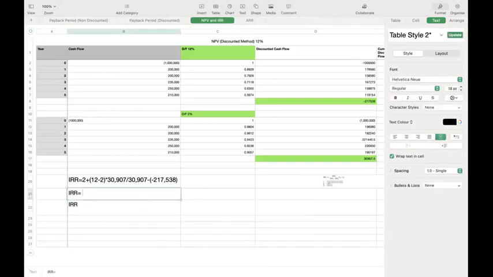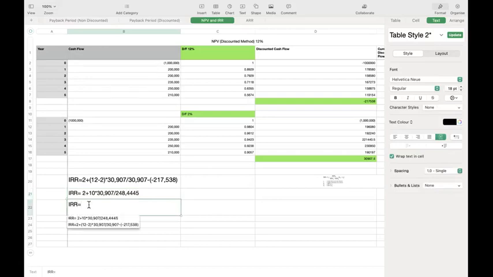First, let me calculate what is in the brackets. 2 plus, within brackets 12 minus 2, I get the answer 10, into 30,907 divided by 30,907 plus 217,538. I get the answer 248,445. So that is the second step.